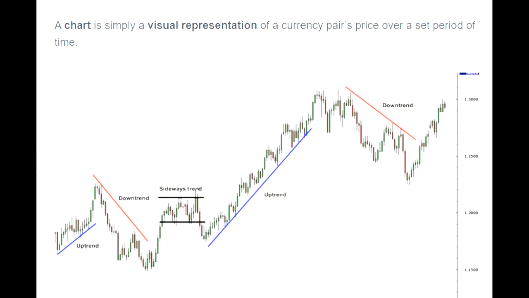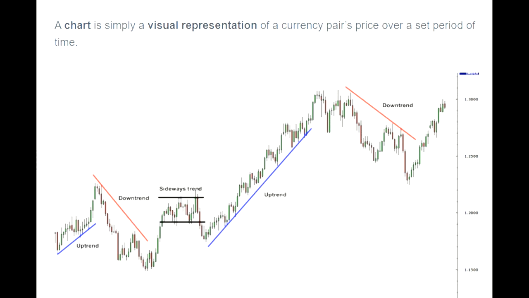And then here we have the lower lows and the higher highs. With the lower lows and higher highs, it's easier to determine when to open a position and go into the market.